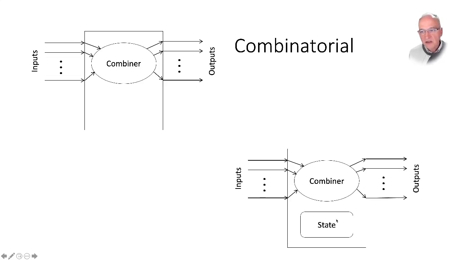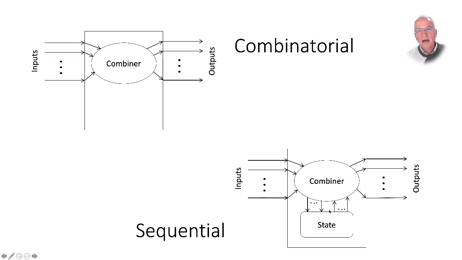Now I add the state to my combiner so that my combiner can change that state, and can also read the state. So the combiner will have signals that will be sent to the state storage so that the state can be updated. And it's also going to be able to read the current state. And now the output will be produced by a combination of the current inputs and the current state.